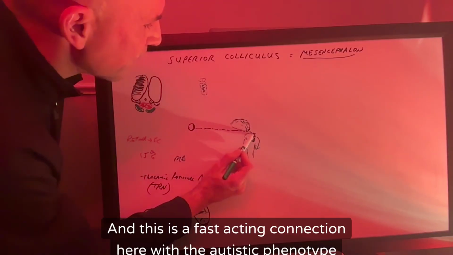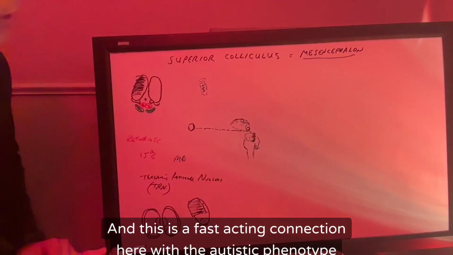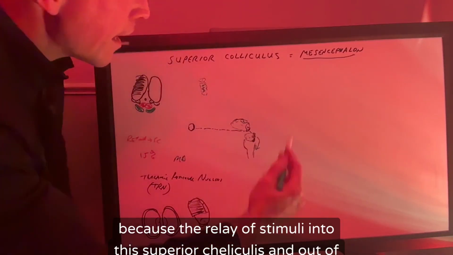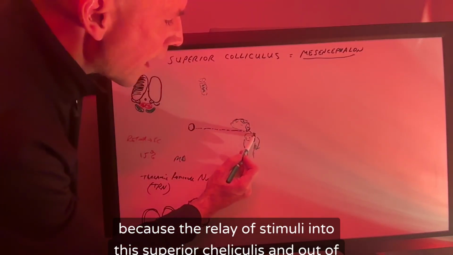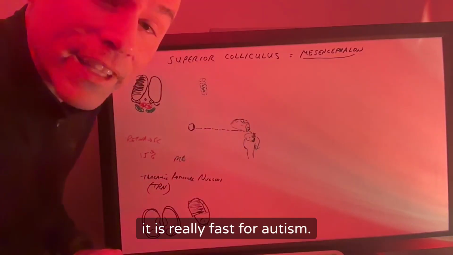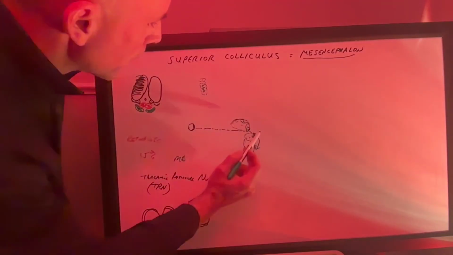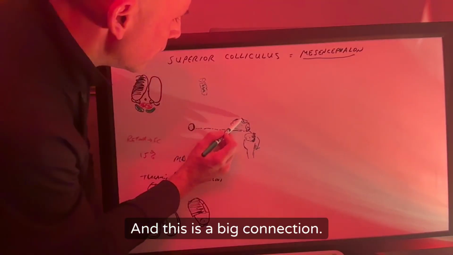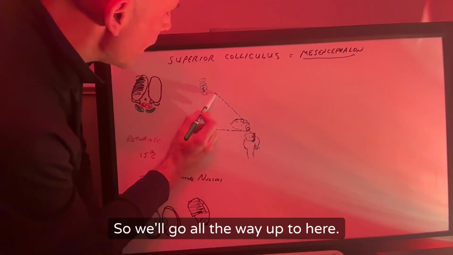And this is a fast acting connection with the autistic phenotype because the relay of stimuli into the superior colliculus and out of it is really fast for autism. Okay. And this is a big connection. So we'll go all the way up to here.